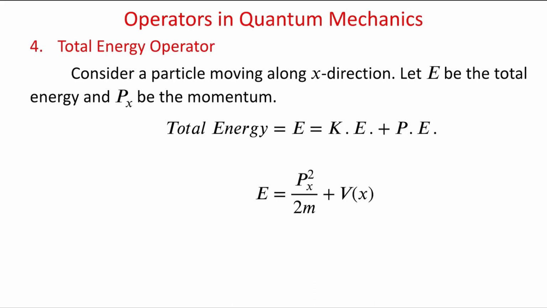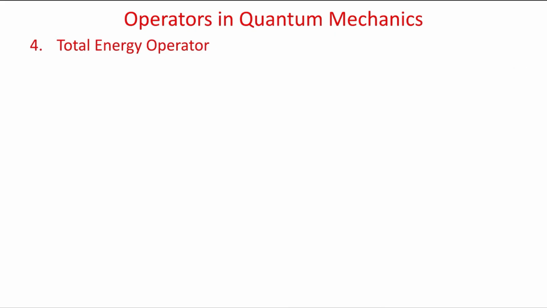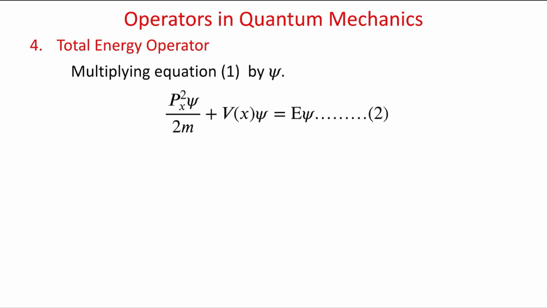And if we put the values, the total energy is equal to px whole square divided by twice m, this is the kinetic energy of the particle, plus V(x), this is the potential energy of the particle. So we get px whole square divided by twice m plus V(x) is equal to E. This is our equation 1 and it gives the total energy of the particle moving along the x-axis.